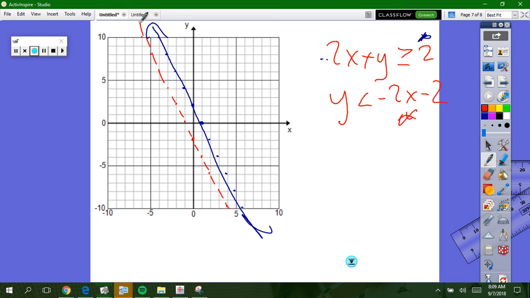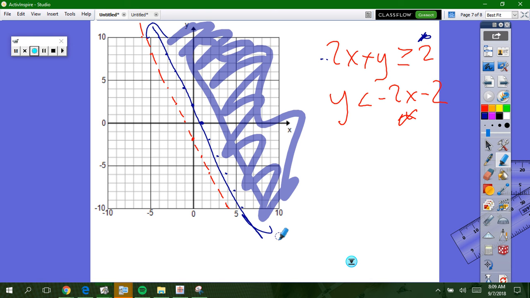Okay. Let's go ahead and shade the blue one first. Okay, so that's the top. Once again, is it going through 0, 0? Nope, so I'm going to go ahead and use it. Is 0 plus 0 greater than or equal to 2? That is a false statement. Here is 0, 0, so I will be shading the opposite side.